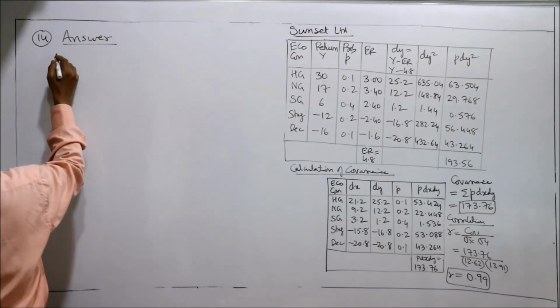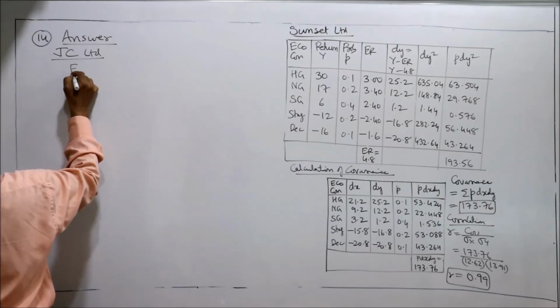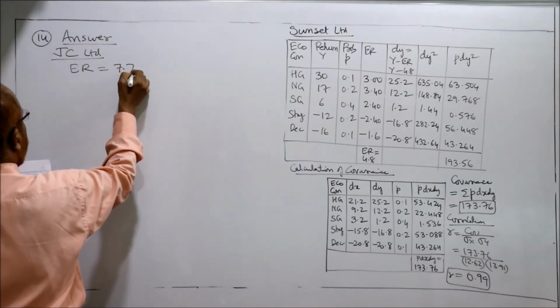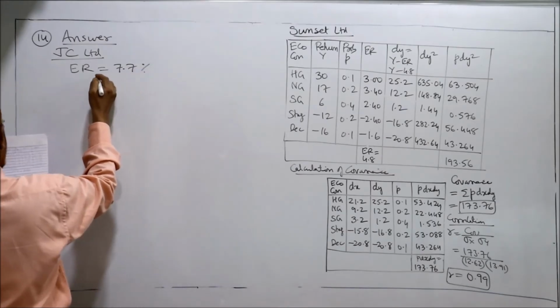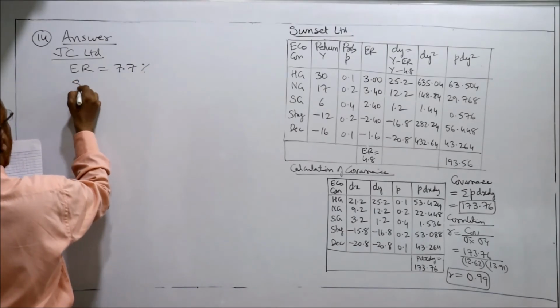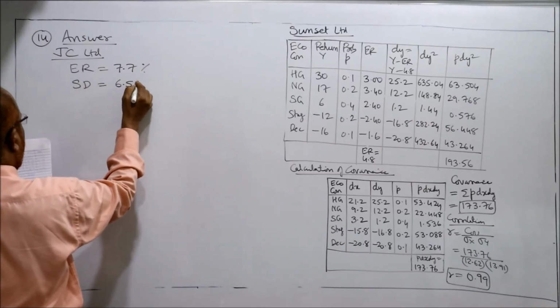Answer. JC Limited: expected return is 7.7% and standard deviation is equal to 6.5%.